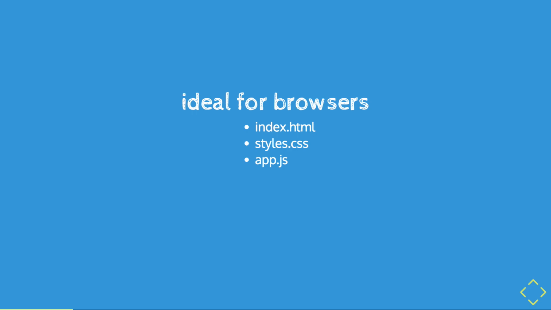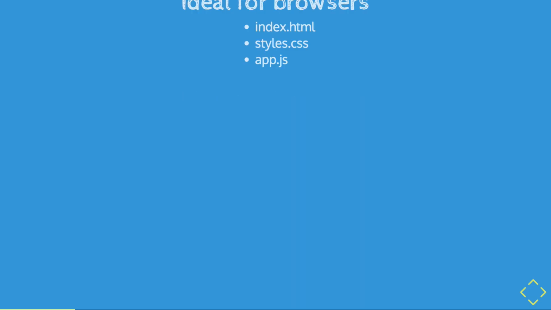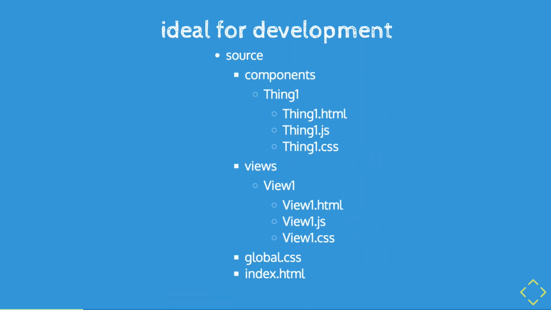But unfortunately, this minimalistic approach, which is good for the browsers, is pretty hostile as a development environment. For maintainability, organization, and reuse, and other reasons, we need to separate our code into logical groups. However, this kind of organization is suboptimal for browsers, so we need something to bridge those two extremes, and that's our build tool space right there.